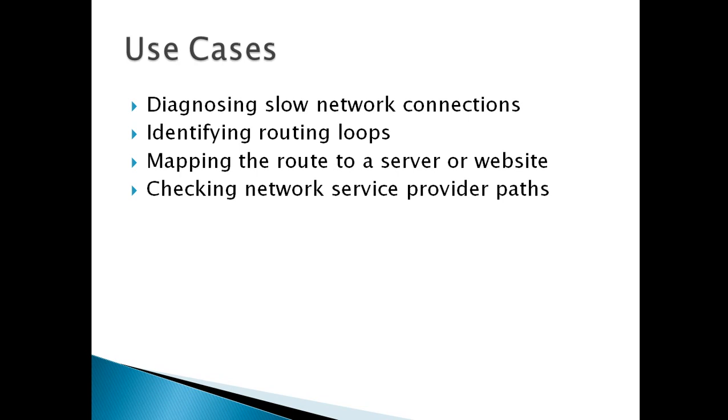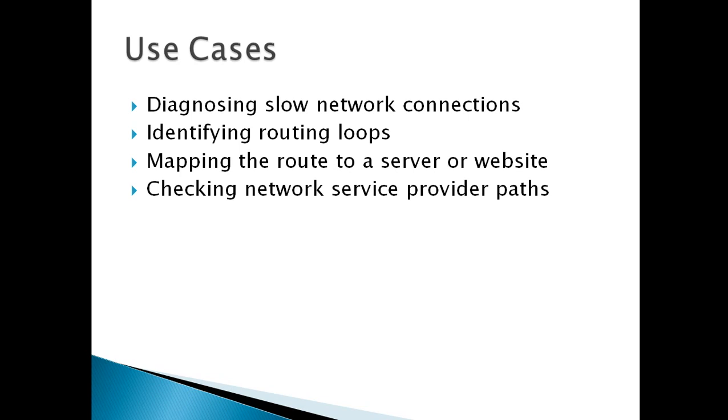Mainly this is used in the service provider network. If we are pinging or tracing any device on the internet and we see any delay or latency, we can identify it from the traceroute, and we can engage our service provider to fix that problem, correct?